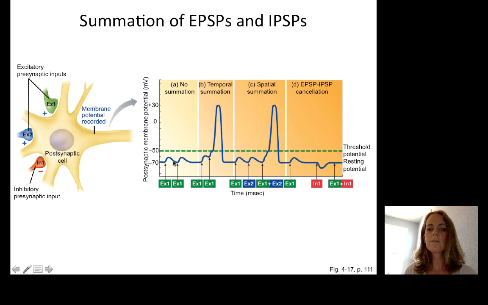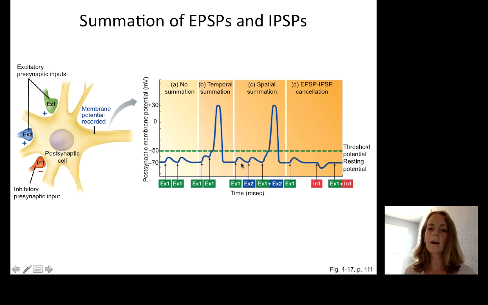So if we have two excitatory inputs that are too slow, they can't add up in time. But if we put two excitatory inputs very close together in time, then they will get an action potential. Or we can take two separate cells and add them up in space very close together, then we can get an action potential.